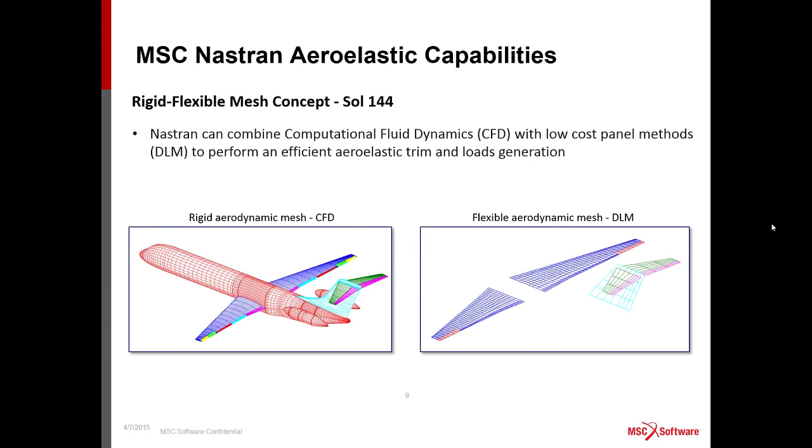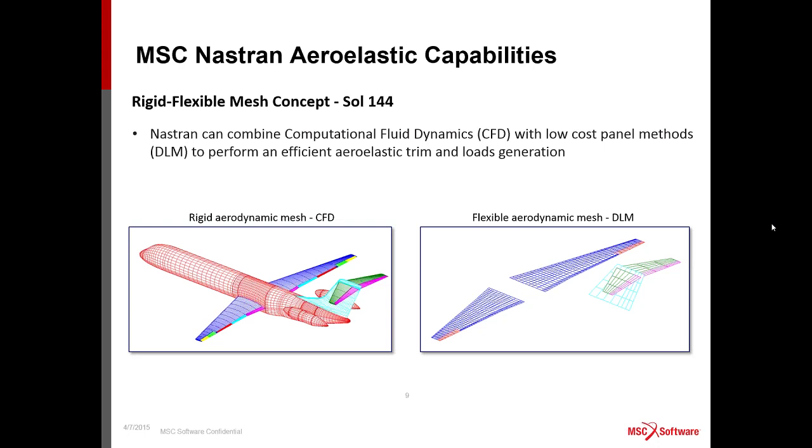Let's have a look at other aeroelastic capabilities that we have in Nastran. This is something very interesting because with the rigid flexible mesh concept that we have available in SOL 144, we have the possibility to combine computational flight dynamics with a low-cost panel method, that is the doublet lattice method, to perform an efficient aeroelastic trim and load generation.